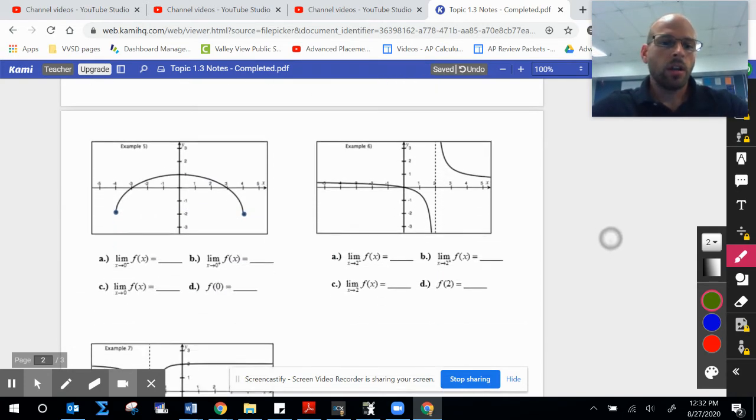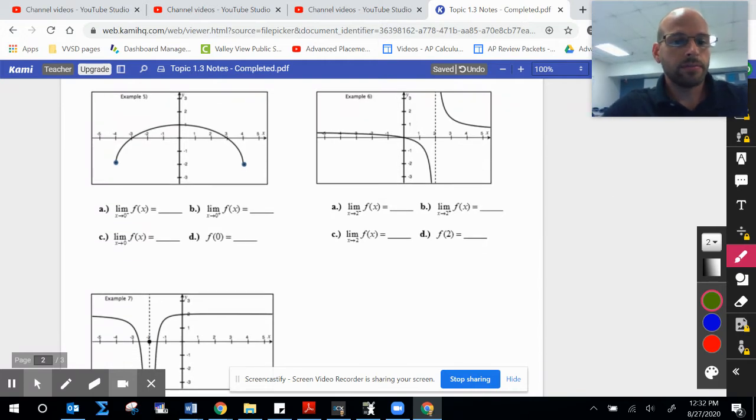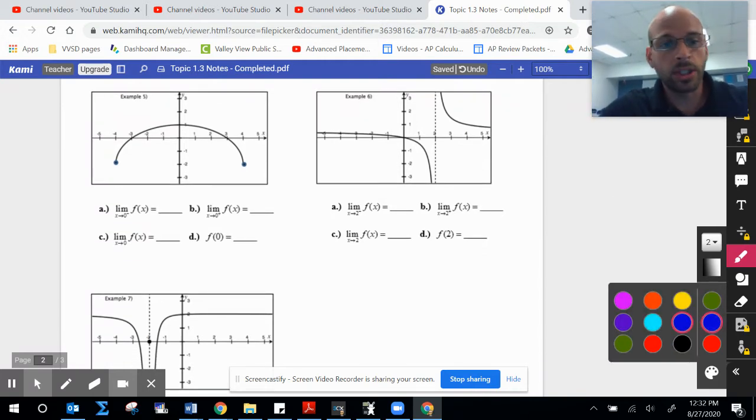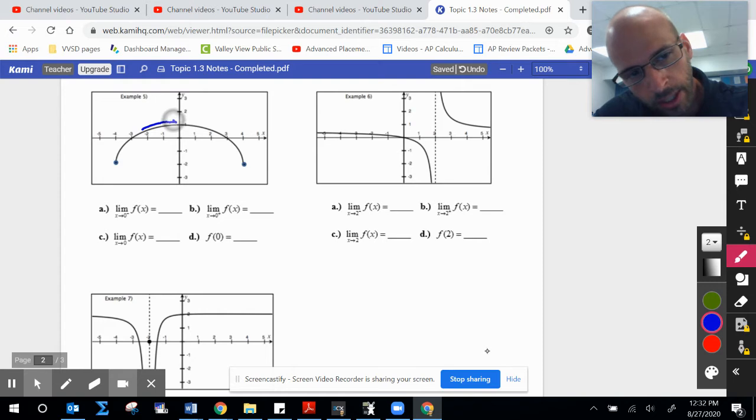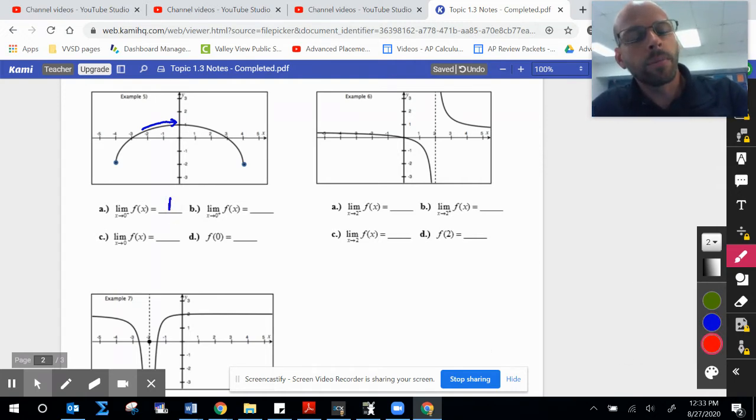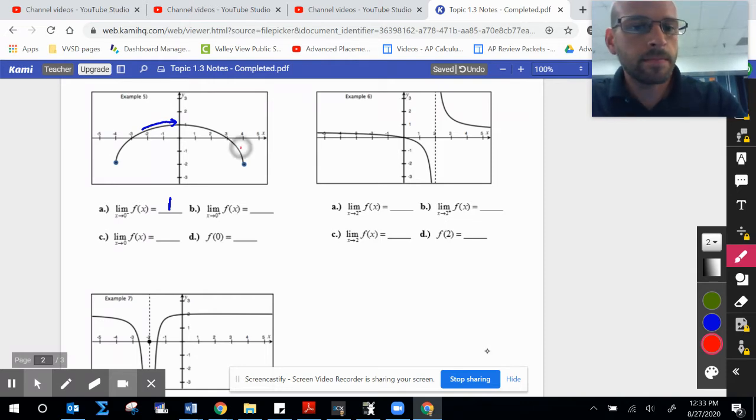All right. Example 5, 0. As I approach 0 from the left, as I get closer and closer to that y-axis, that is going to be at the value of 1. As I approach the x value of 0 from the right, all right, there we go, that is also 1.